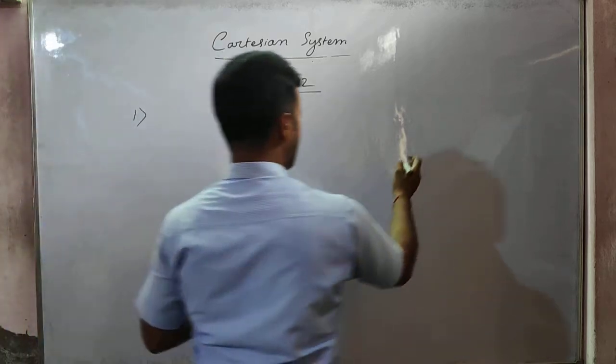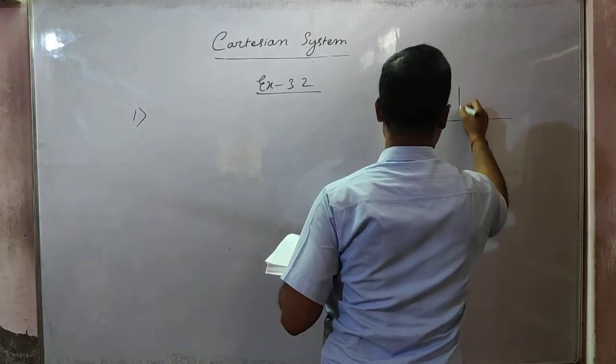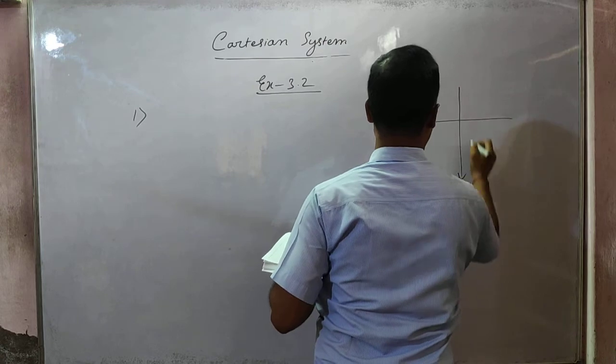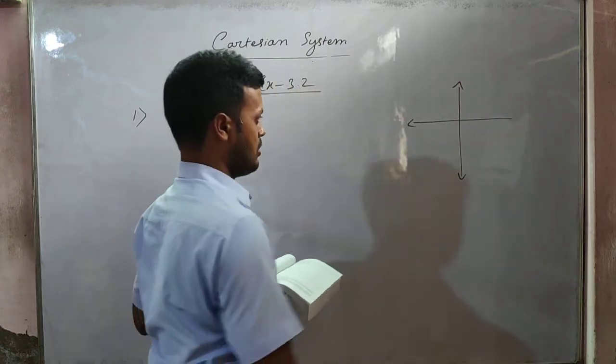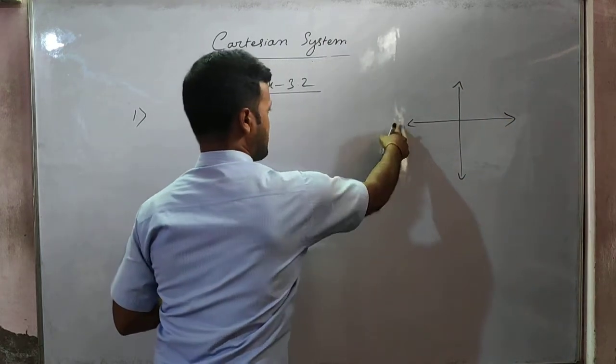That means when we draw this horizontal line and this vertical line on a piece of graph paper, what is the name of this horizontal line?